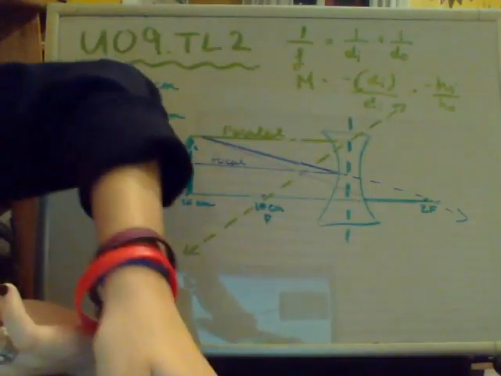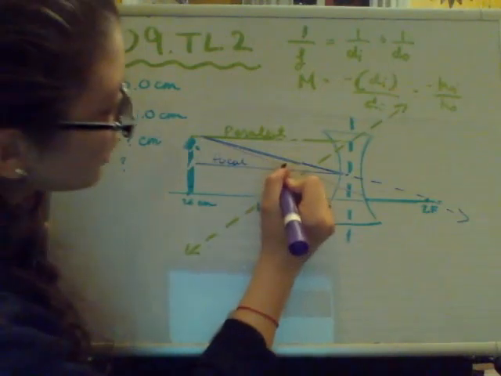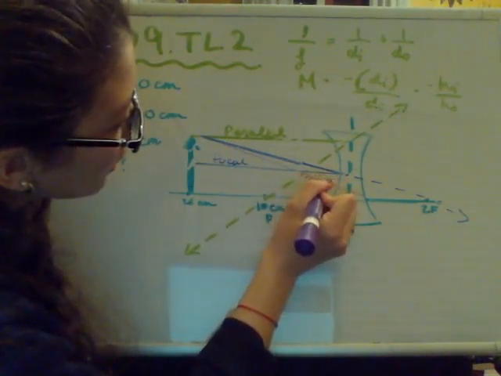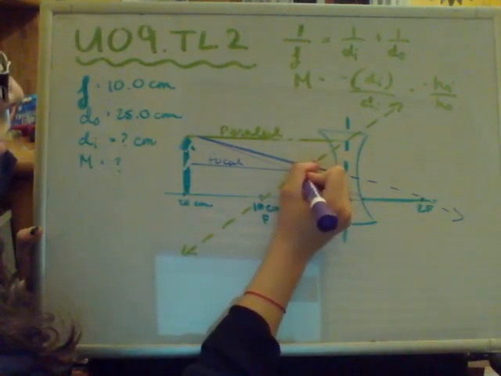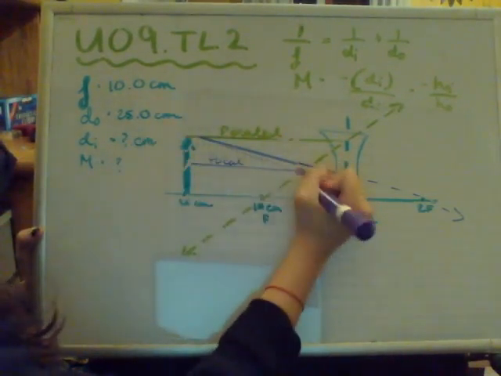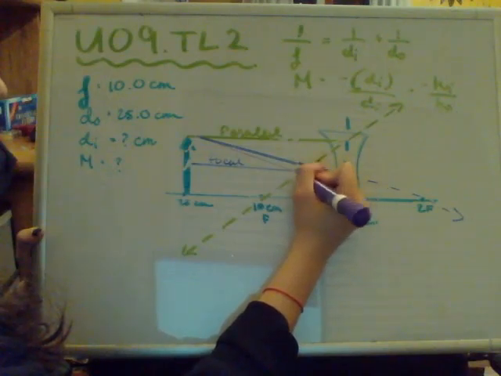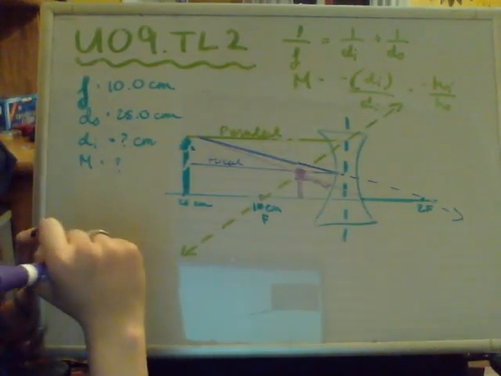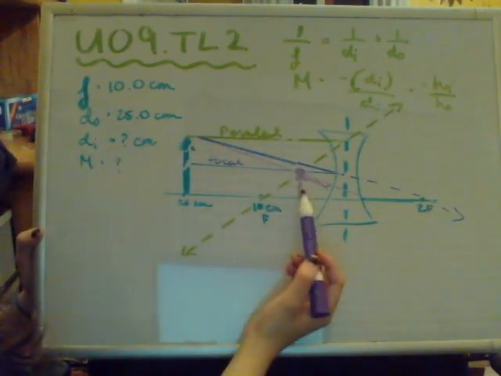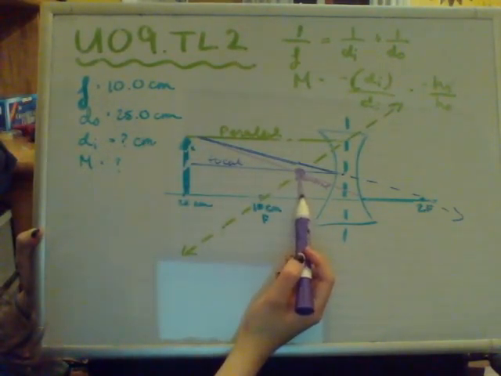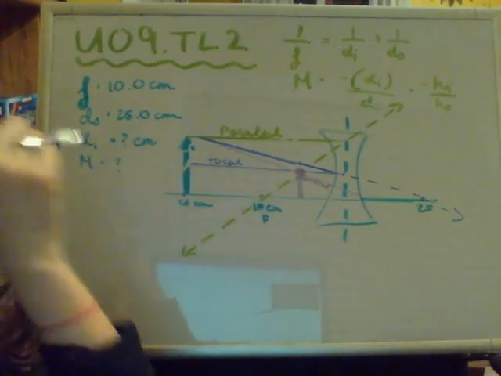So we can now tell that the image is going to end up right here, and it's going to be upright. And now we can apply the formula to find out the distance of this image and its magnification.